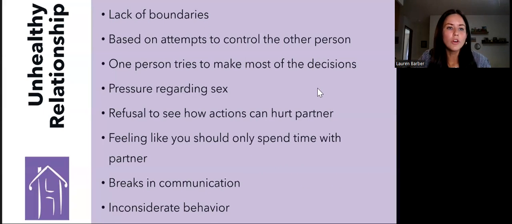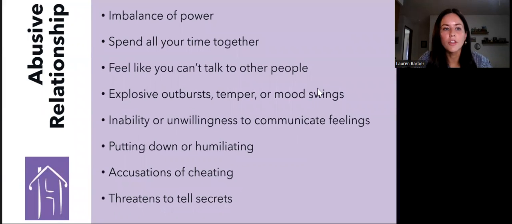So going back to the unhealthy relationship, this doesn't necessarily mean you've got to get out of there, like red flag. Sometimes relationships can fluctuate and be in a more unhealthy place. But both people are capable of growing and developing healthier traits and having a healthier dynamic with each other. But an abusive relationship is not as easily salvaged.